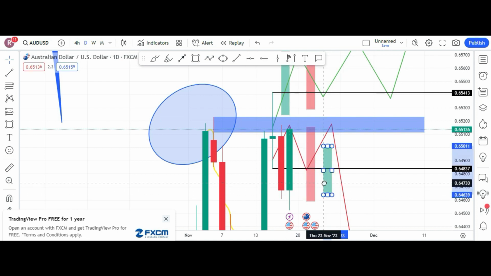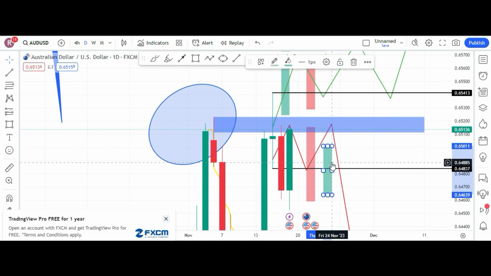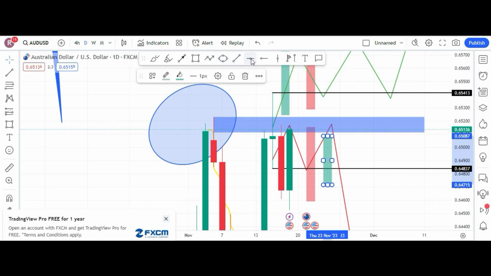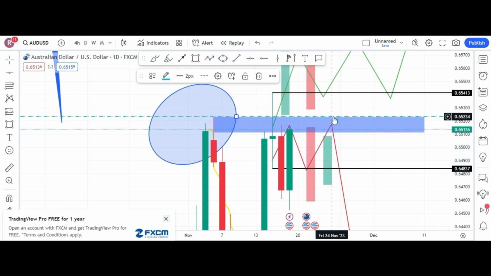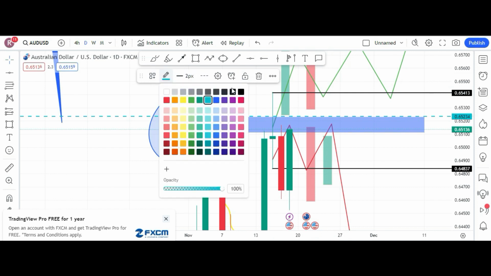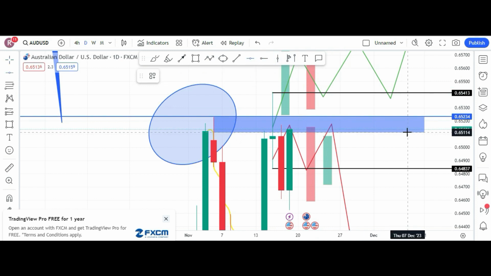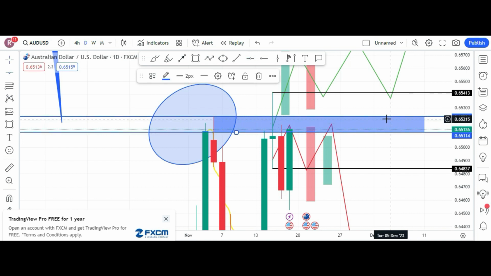Now if you guys see, I have told clearly in the earlier video that if this guy doesn't break this line, let me draw this so things could be more clear to visualize. This is actually the double top range we have, and this is the candlestick range.